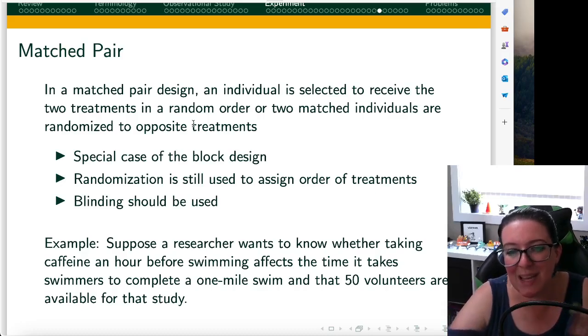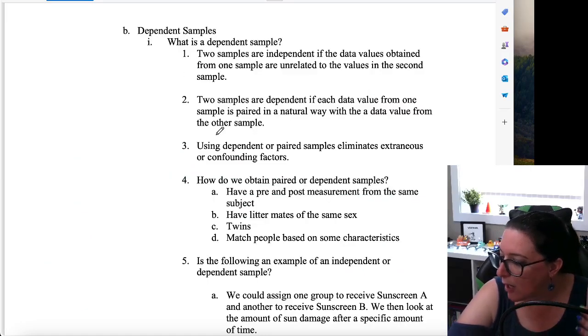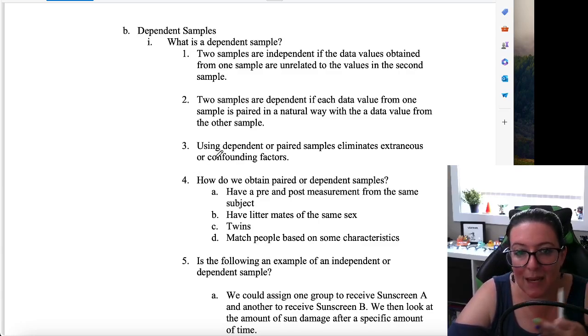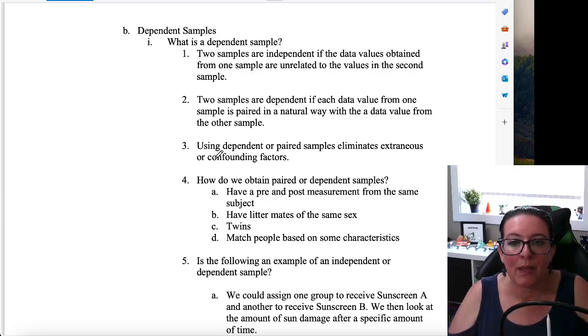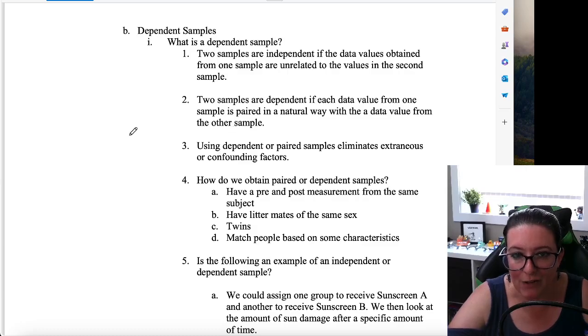So this is that same thing we talked about previously with the matched pair. So when we're talking about a dependent sample, we either have the same people in both groups or we have paired people in order to eliminate any extraneous or confounding factors.